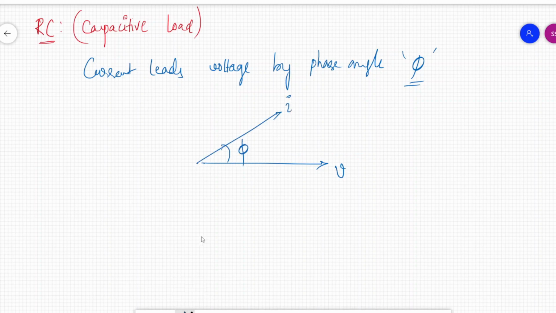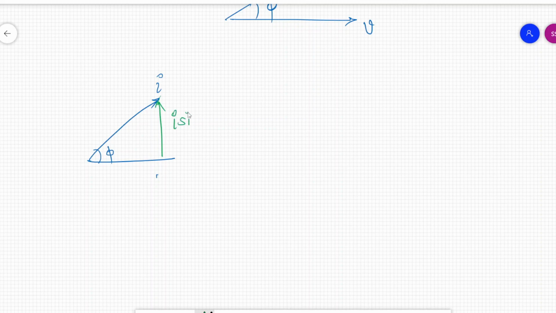Now let us consider the current and phi angle here. This is I, and I'm going to resolve this current into two vectors with phase angle phi. Opposite to the phase angle is I sin phi, and adjacent to the phase angle is I cos phi. Similarly, we can find the power triangle for RC loads also.